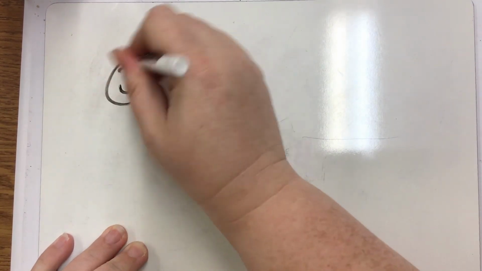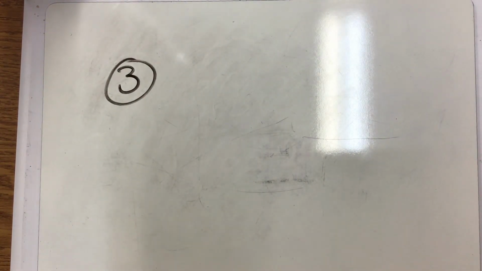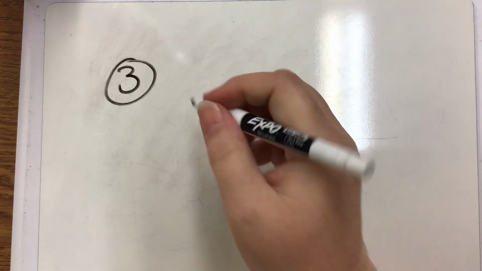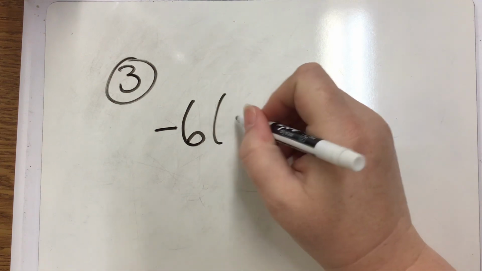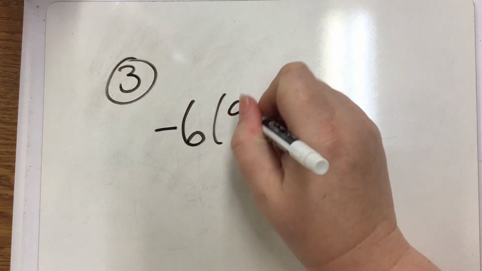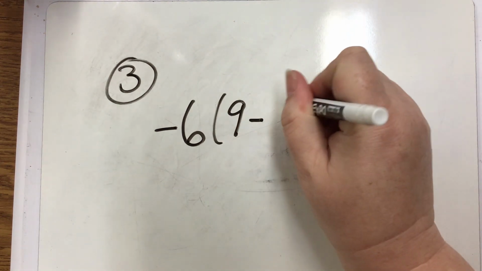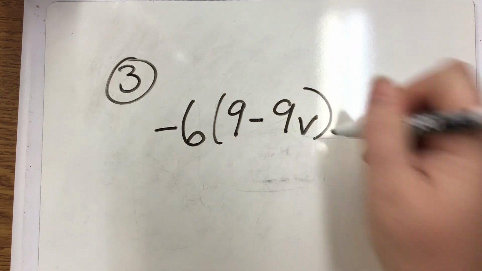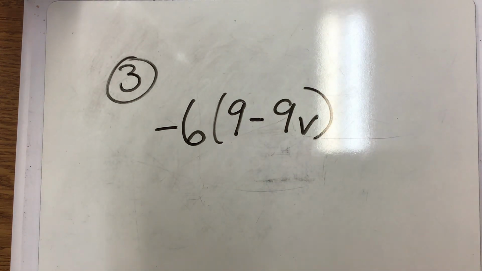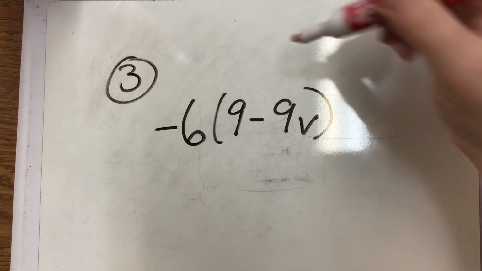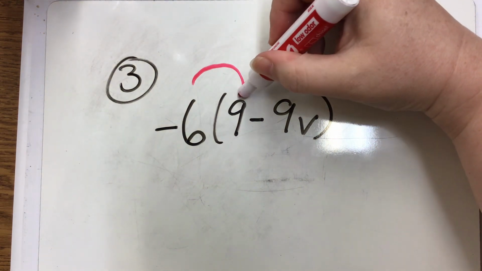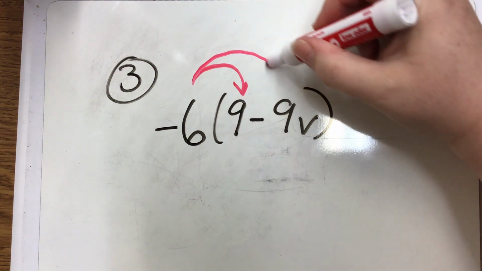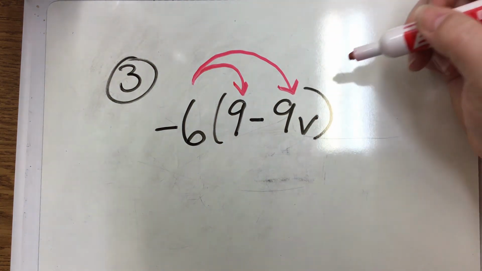Number 3. Okay, now we have negative 6 times 9 minus 9v. Okay, so negative 6 times 9, negative 6 times 9v.